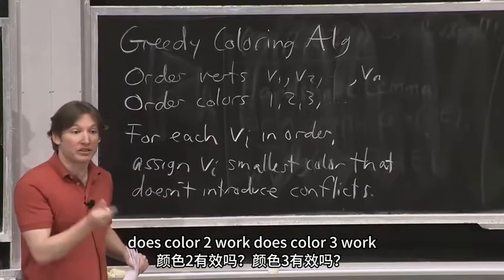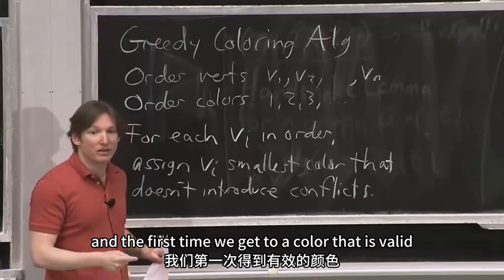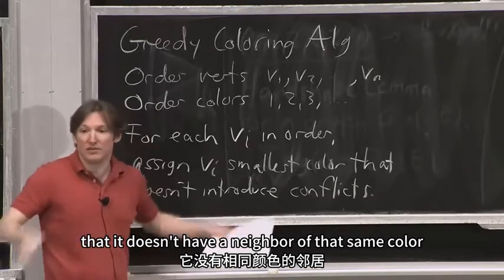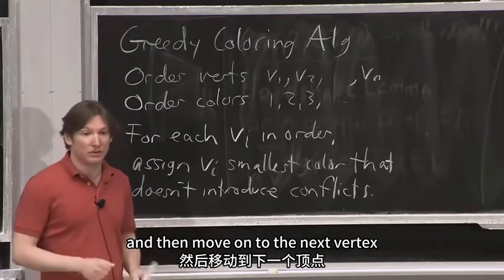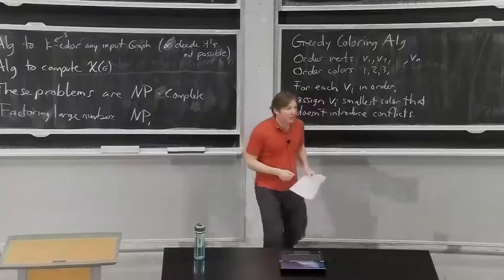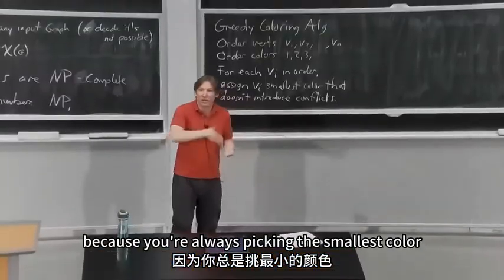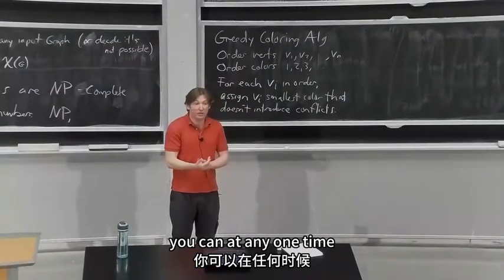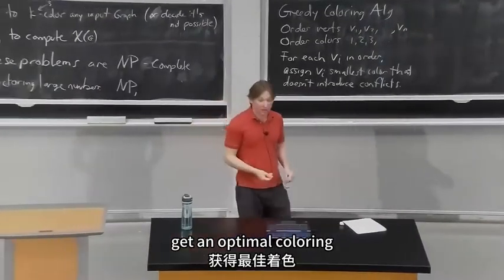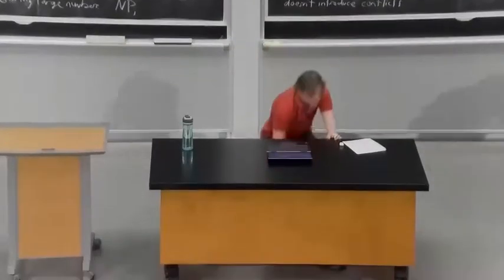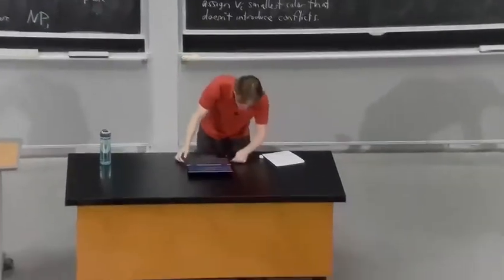Does color 2 work? Does color 3 work? And the first time we get to a color that is valid, that doesn't have a neighbor of that same color, we're going to assign it that color and then move on to the next vertex. It's called greedy because you're always picking the smallest color you can at any one time. It doesn't necessarily mean that you're going to get an optimal coloring. In fact, usually you won't, at least for big graphs where it's hard to find optimal colorings.